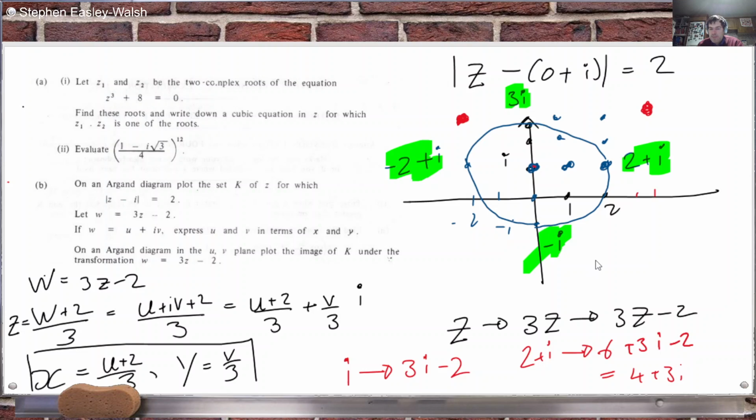Minus I would become minus 3i minus 2. So I'm definitely going to run out of space. Yeah, I'm not going to fit in. So that's the new center there, and there's 2 points on the circumference then.